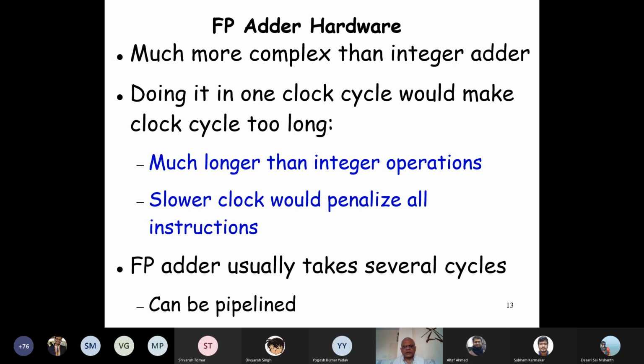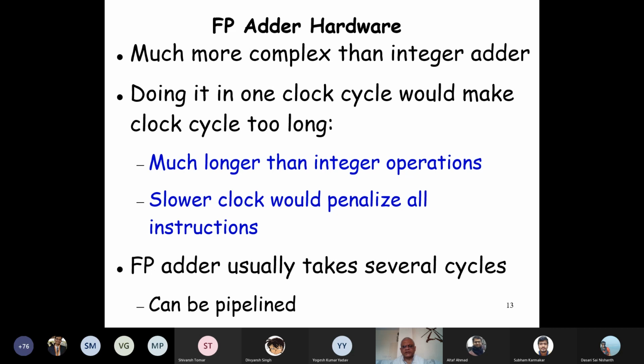And as you can see, there are a number of steps. It's much more complex than the integer adder. And if we make all these computations that compare the exponents, shift the one with the lower, add the fraction part, the significands, and then renormalize and so on, it will take much longer than all the integer operations, maybe 10 times longer.